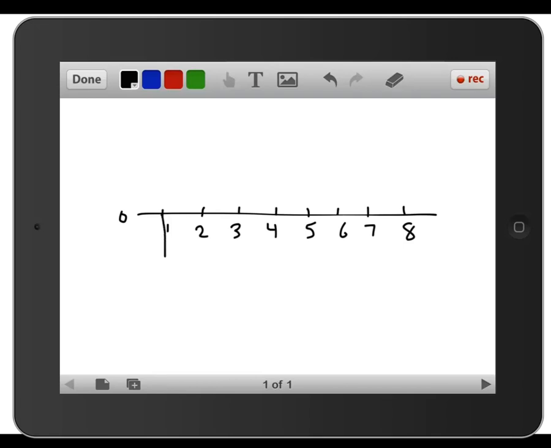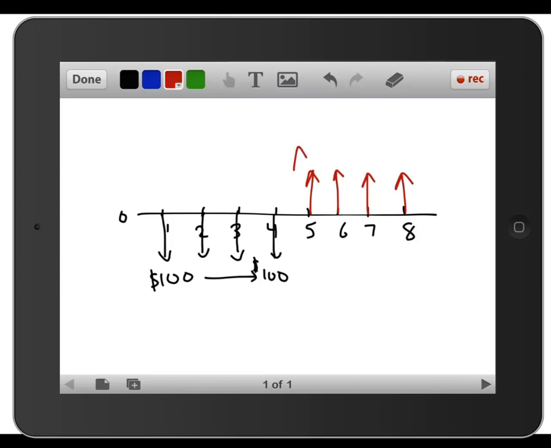For 1, 2, 3, and 4, we have a deposit of $100 for each year, while for 5, 6, 7, and 8, we have withdrawal of A amount.